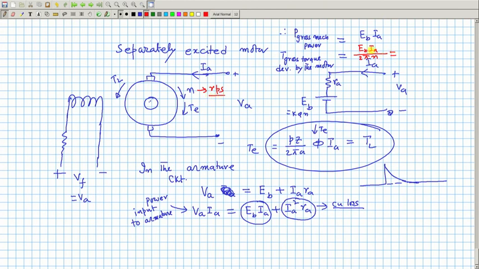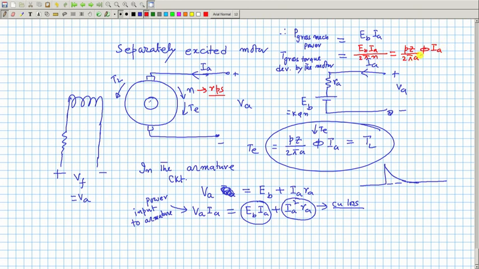Now, you see this Eb can be written as P z by 2 pi a into phi into Ia. Is it?